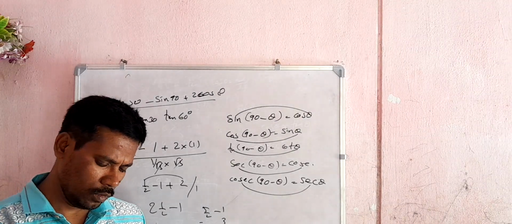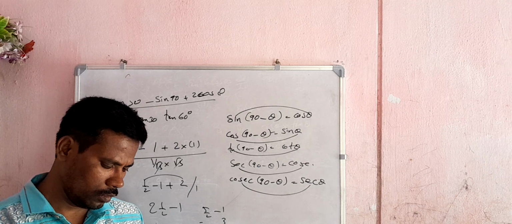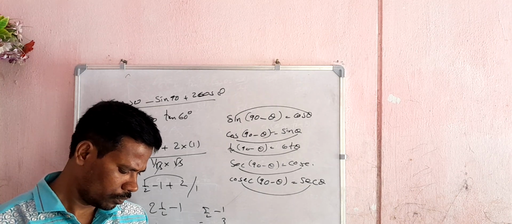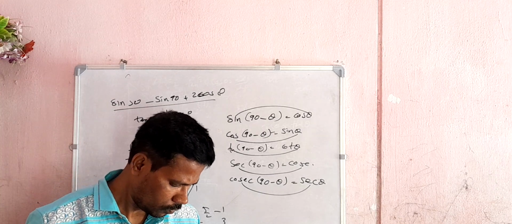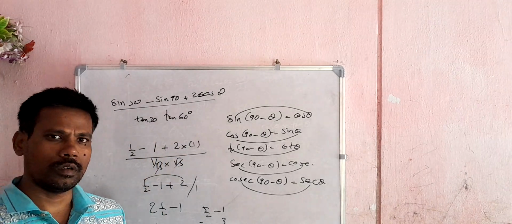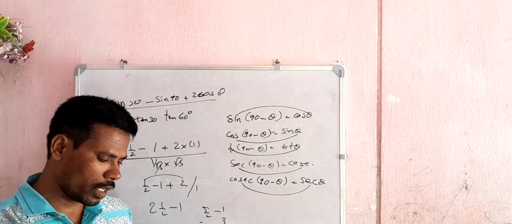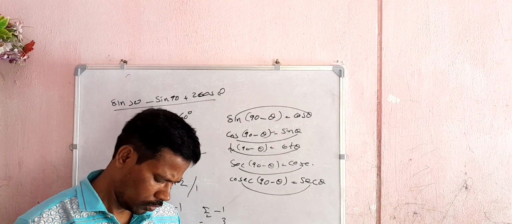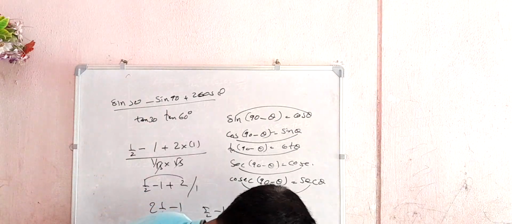So let us solve one more problem. Like this you have to do, if they give like this, find the values. Just one different type of model.